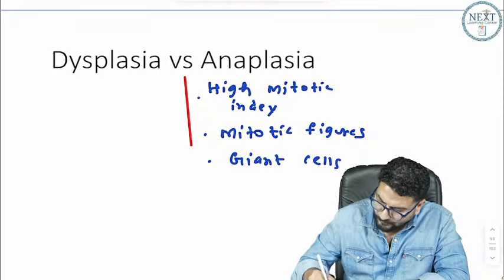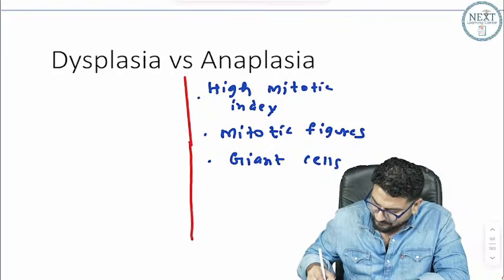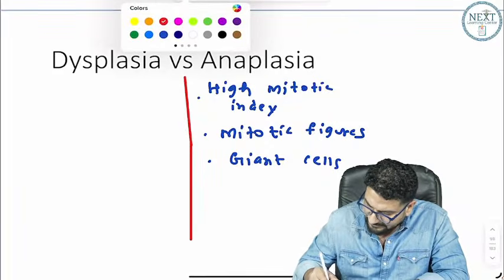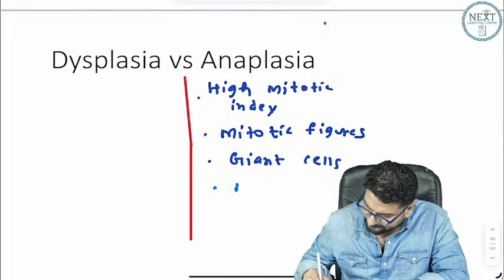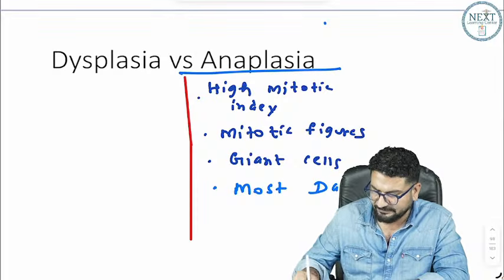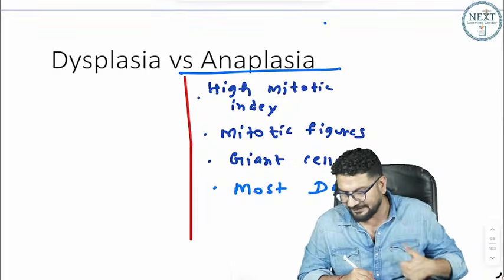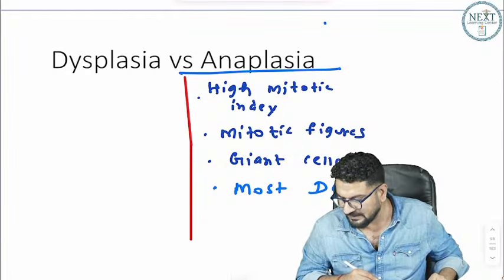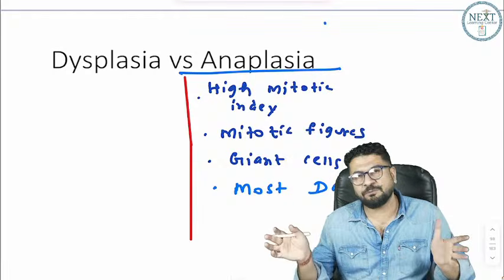Because of all these, it is considered most dangerous. So out of anaplasia and dysplasia, the most dangerous will be anaplasia. How do we differentiate? High mitotic index, mitotic figures, giant cells, and it's most dangerous. Now loss of polarity you will see in both.